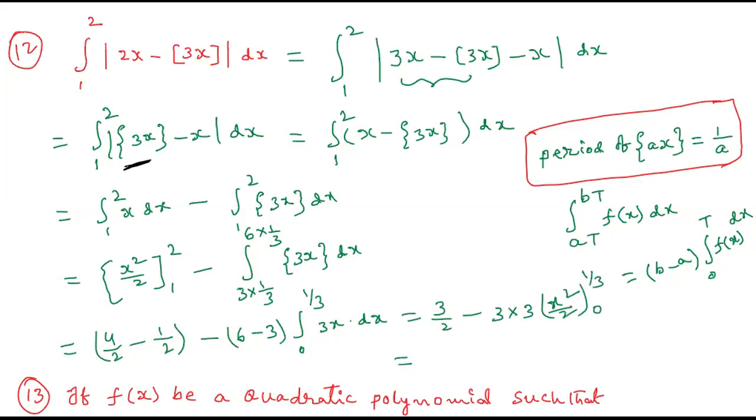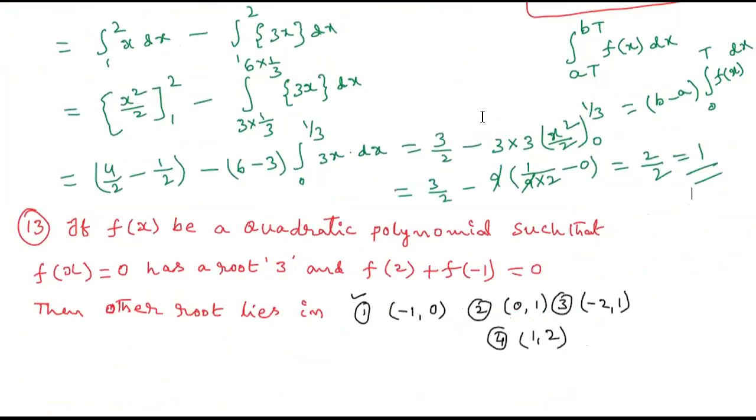Here see the calculation: 3 by 2 minus 9 into, substituting the upper and lower limits, 9 into 1 by 18 minus 0. Here 9 and 9 cancel, 3 by 2 minus 1 by 2, that is 2 by 2. That means the answer is 1. So this is also a moderate question, and remember these formulas, so we will get it very easily.